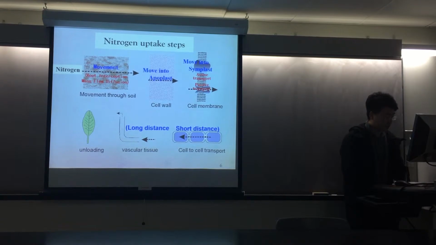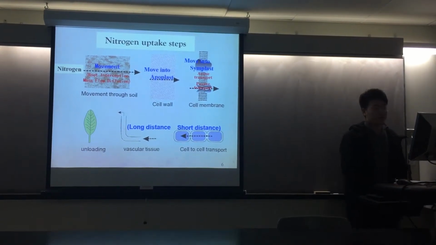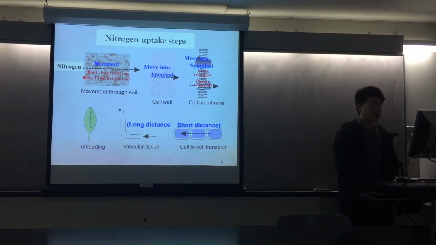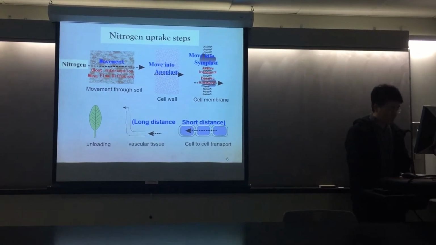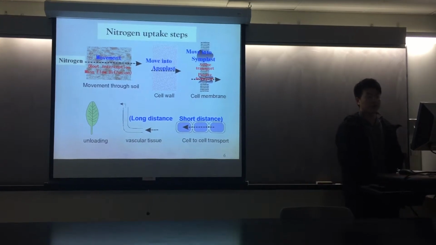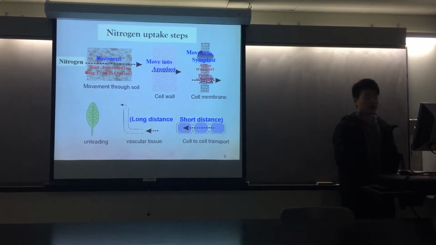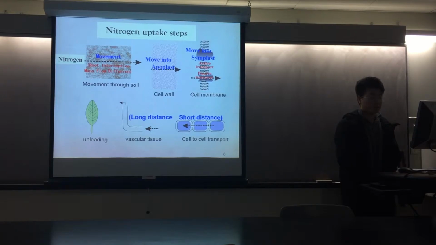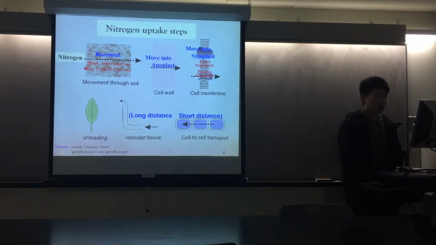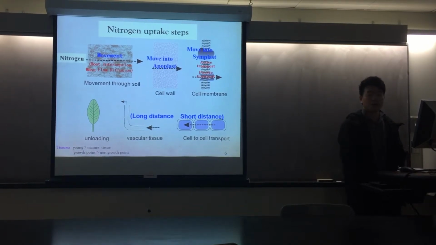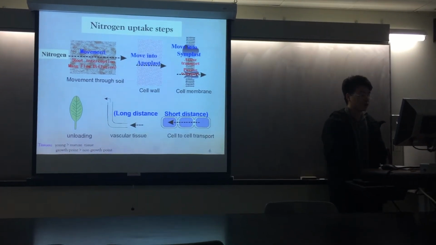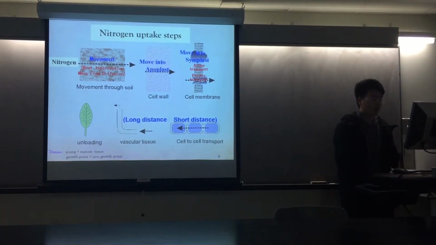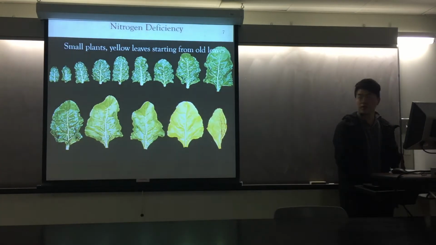The first is root interception, mass flow, and diffusion, and then it moves into the apoplast, then into the cytoplasm through the cell membrane, then with cell-to-cell transport and long-distance transport up to the leaves. And then these are the tissues: there is more nitrogen in the young tissues than in the mature tissues.